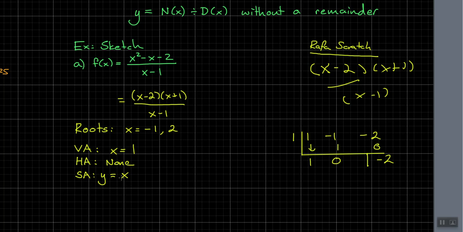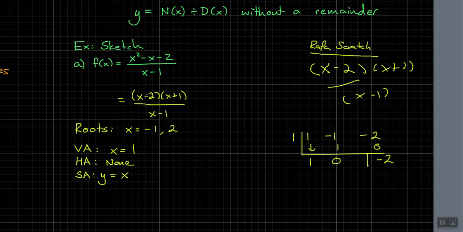I thought it only works if there's no remainder. It's a factor if there's no remainder. I can tell if it had been a factor, it would have divided out. We just need to get the quotient. This didn't simplify out, so there will be a remainder. If you ever do this division and you get a remainder of 0, recheck your factoring because something must have been wrong somewhere.